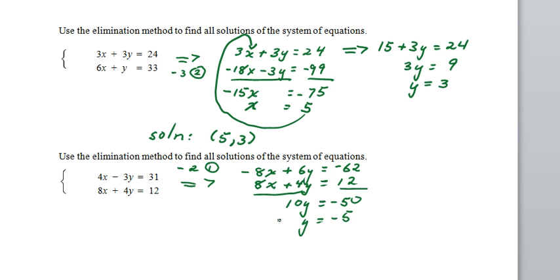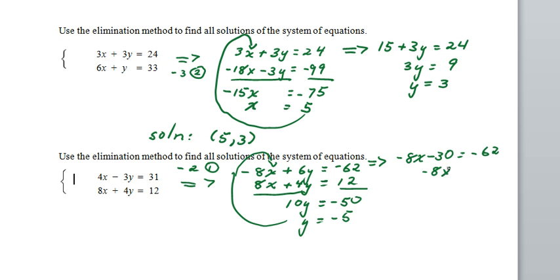That gets substituted. I'm going to substitute it in the first equation that I've written down here. And so negative 8x plus 6 times negative 5 is negative 30 equals negative 62.